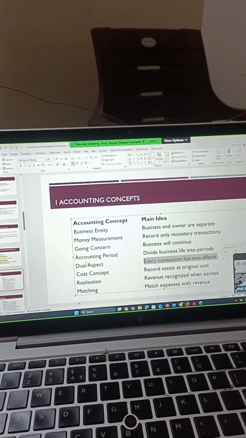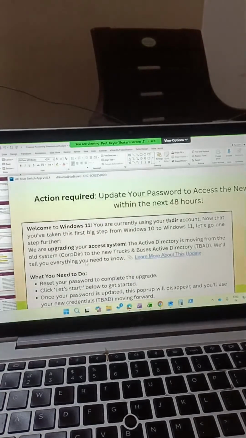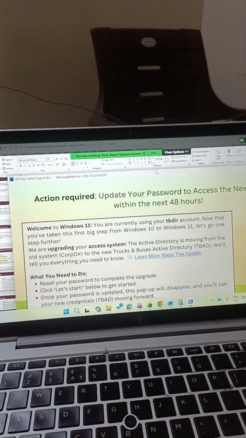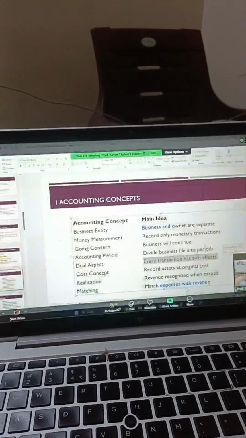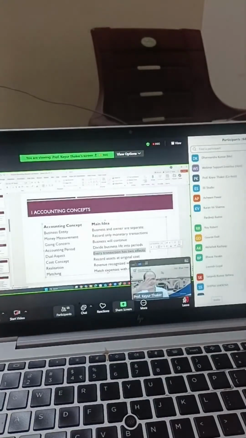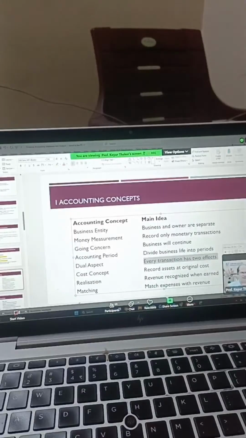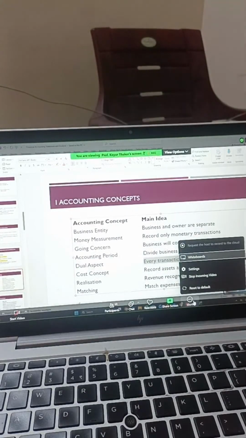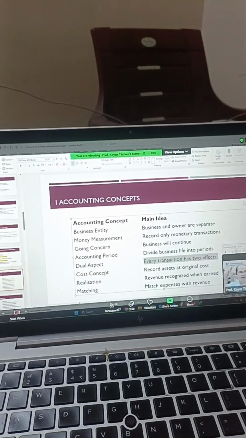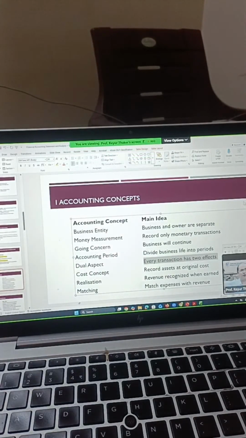Every transaction has two effects. If I buy an asset, what will be the effect? The asset will come into my company, but cash will go out of my company. Clear? When I sell a product, my sales will be recognized, but then my outstanding will go up. So there will always be two effects of every transaction.